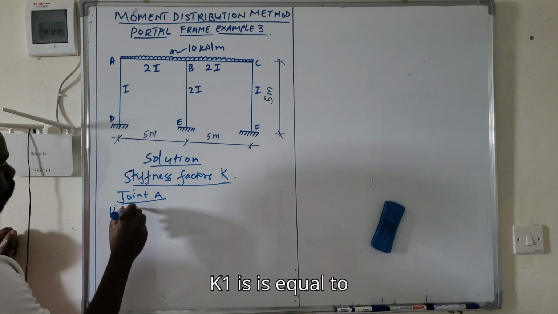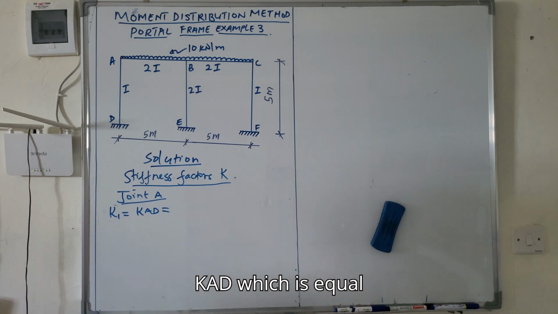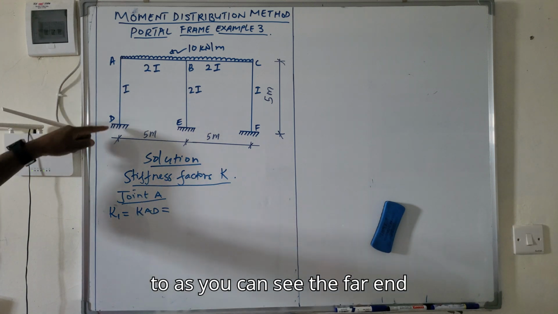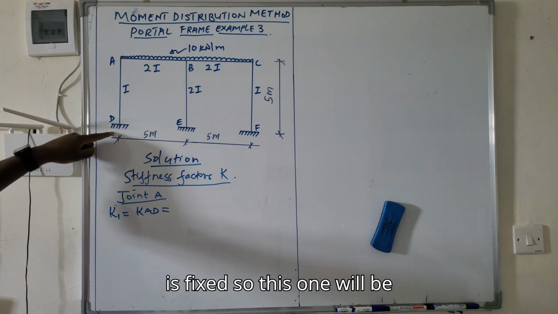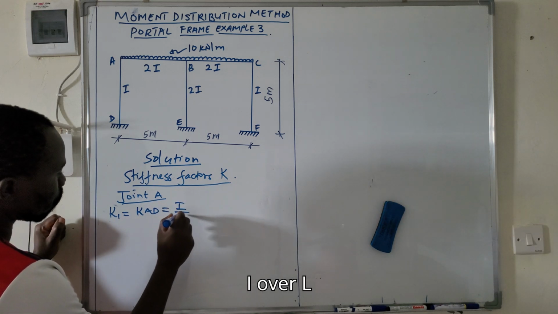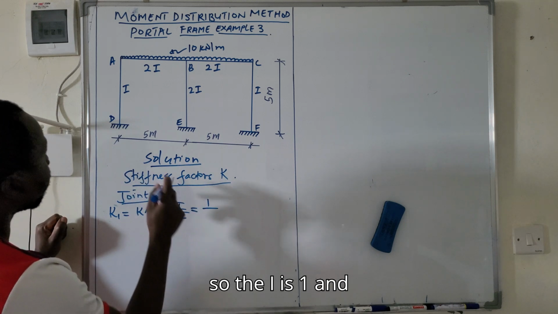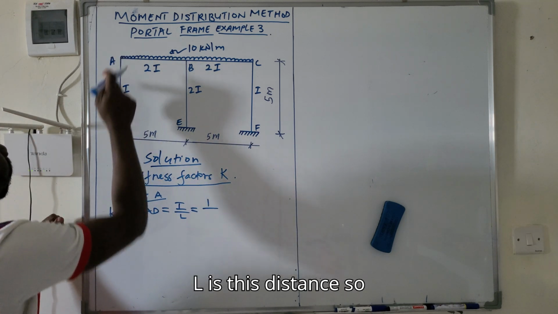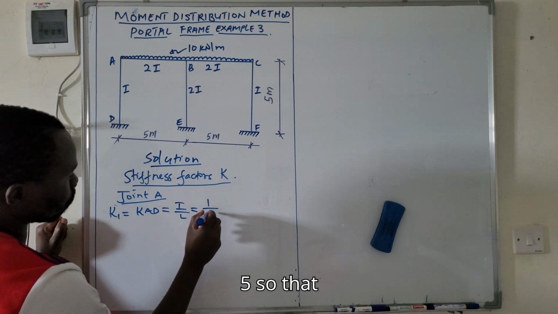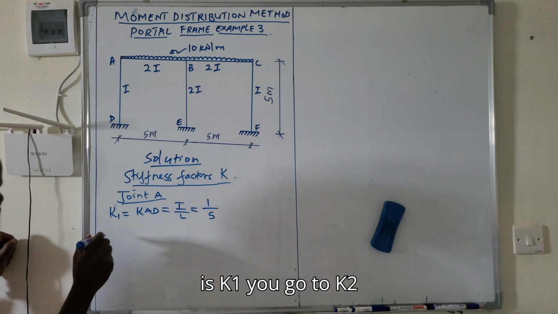K1 is equal to KAD, and as you can see, the far end is fixed, so this one will be I over L. The I is 1 and L is this distance, so 5. That is K1.